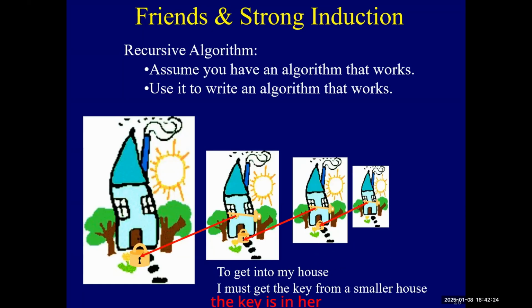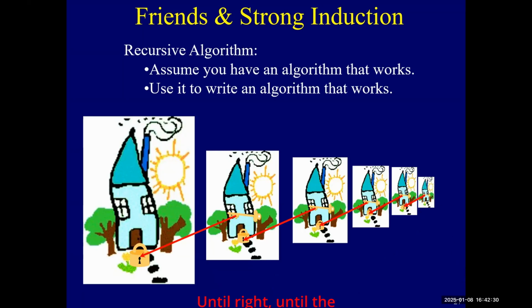But the key's in her neighbor's house. So we keep doing this until the house is so small. Oh, one thing I didn't tell you is that we have a hierarchy of class here. I live in the most expensive house. It's big. And every neighbor's house is smaller. So the houses get smaller.